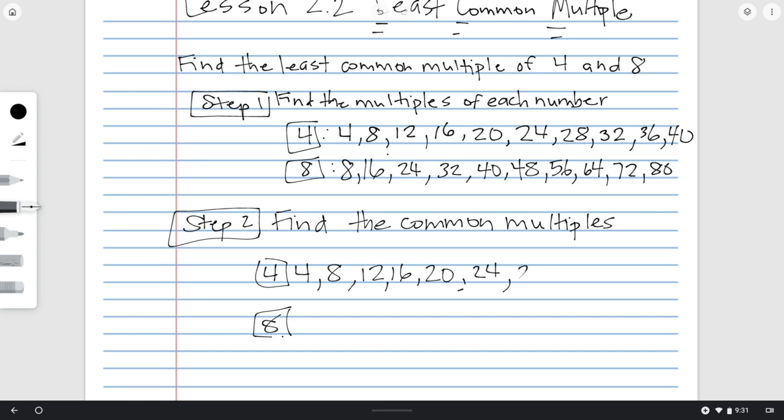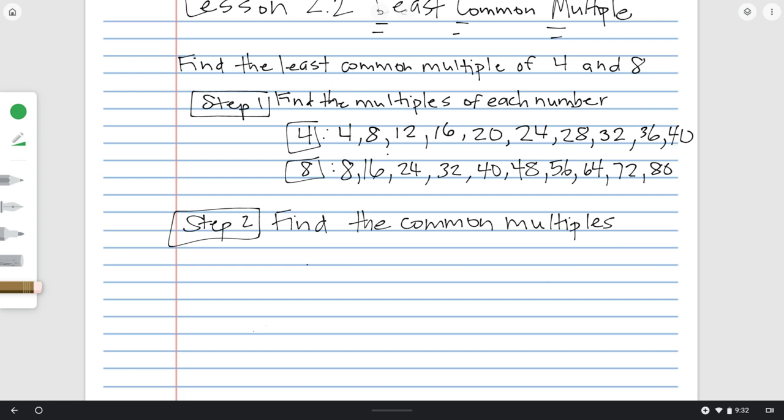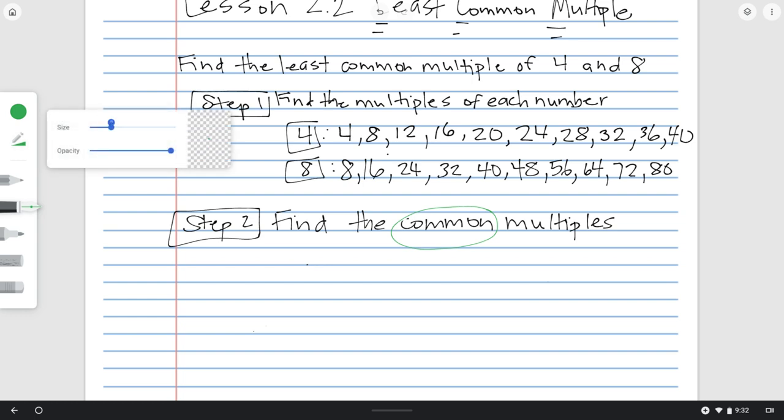Because I'm going to start circling. I mean, I probably could just circle in a color. Let's do that so I don't waste time. I'm going to circle in green like we normally do. So I'm going to circle the common multiples. Let me make this a little bit thicker so we can see it. Okay, 4.